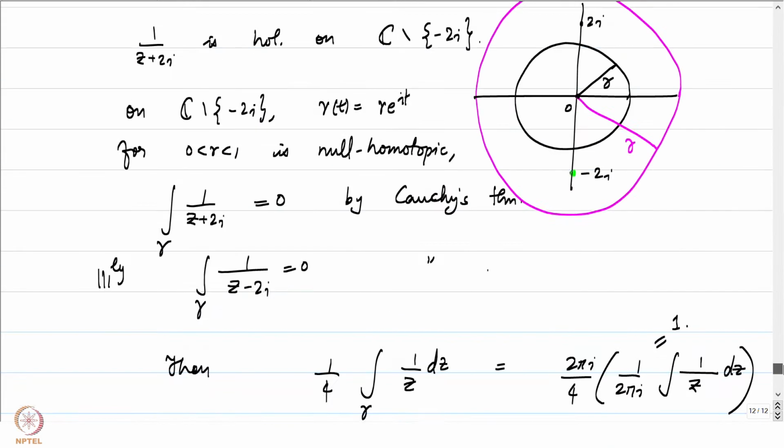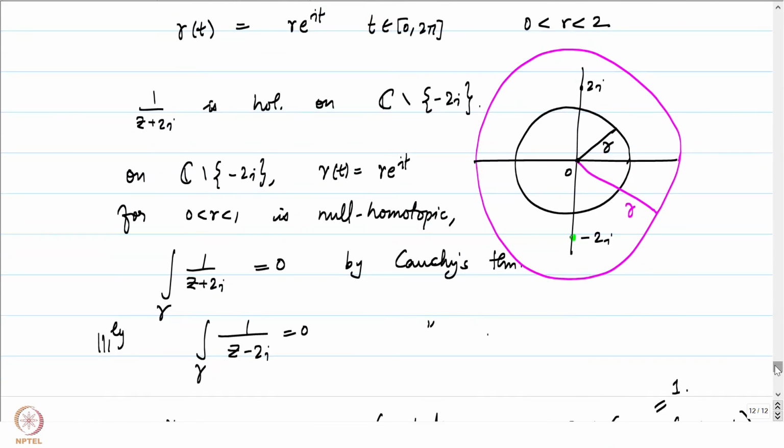Now, I will leave it as an exercise for you to check that this particular curve is going to be homotopic in C minus 2i to a circle of radius r around 2i. Just a straight line homotopy.